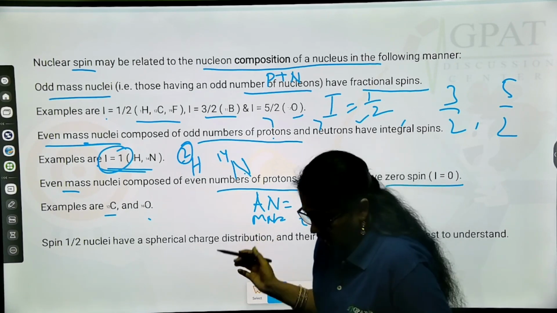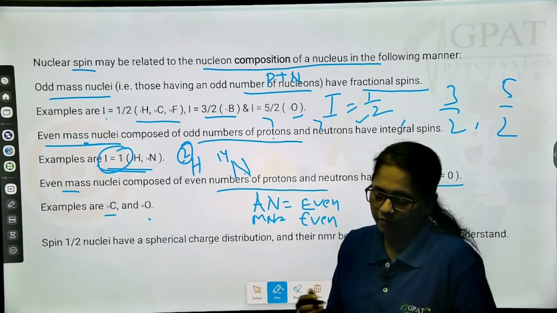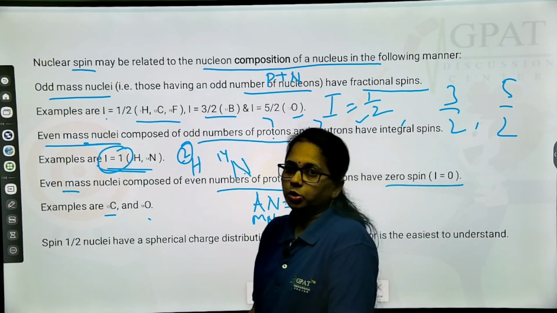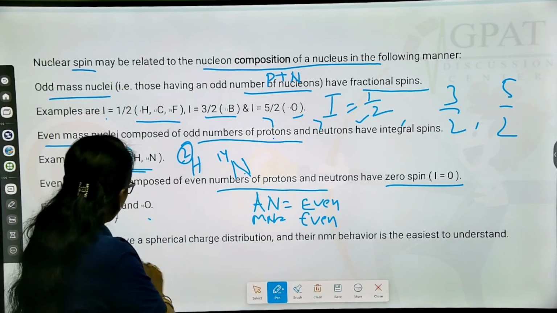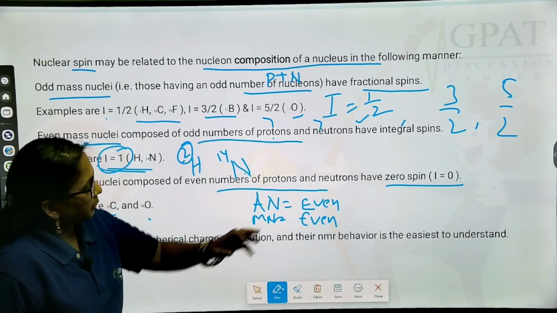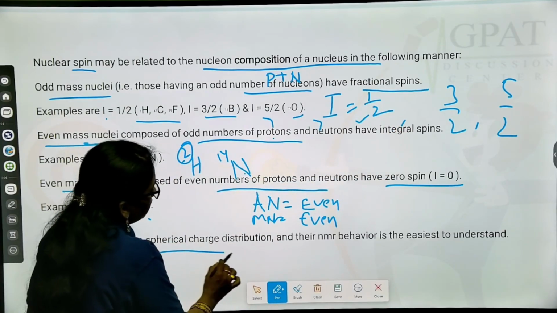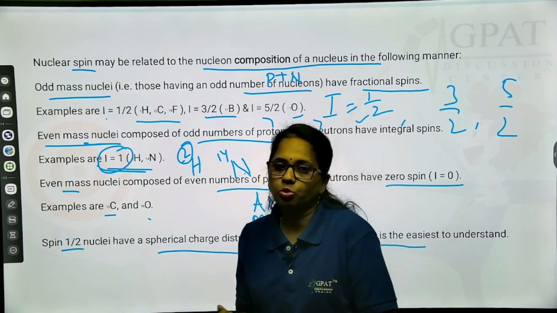So these spin quantum numbers, whether fractions or integer values, are going to have a charge distribution. Spin with I equal to 1/2 generally has a spherical charge distribution, and their NMR behavior is easy to understand.